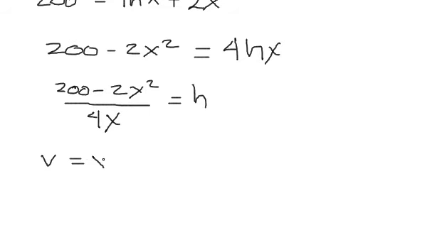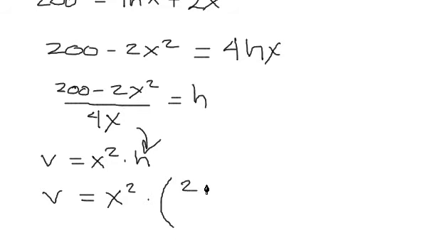So remember, this was x squared times h. Now we're going to take all of this piece right here and plug it right on in, substitute it in for this h. So we have v is equal to x squared times, now I'm going to put a parentheses here around 200 minus 2x squared over 4x.